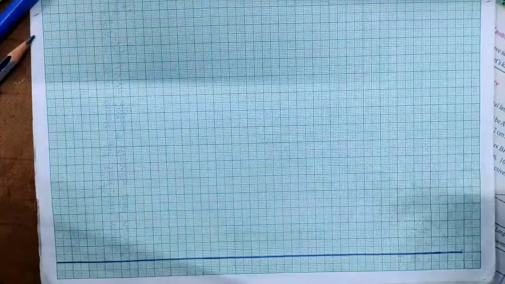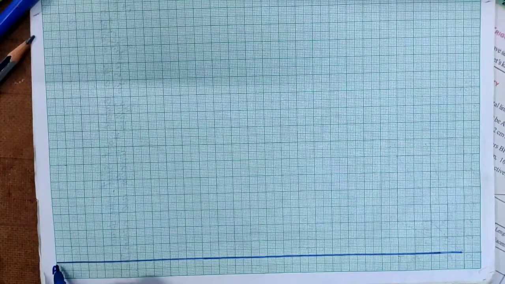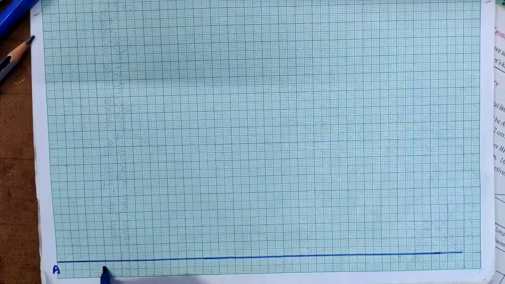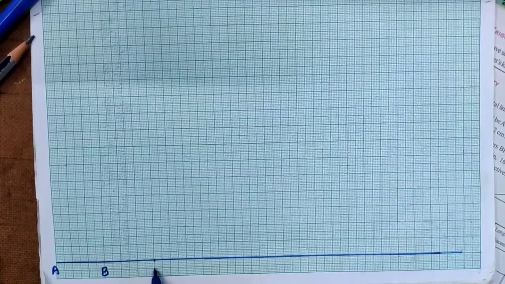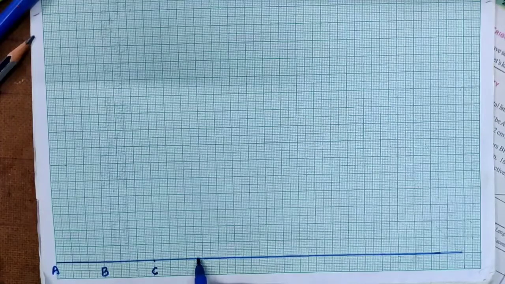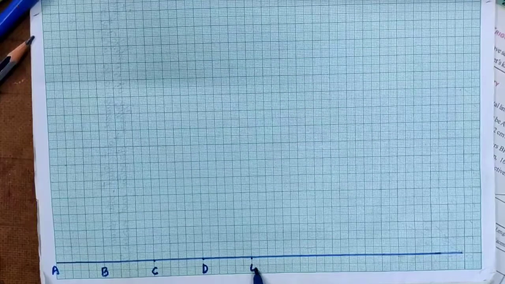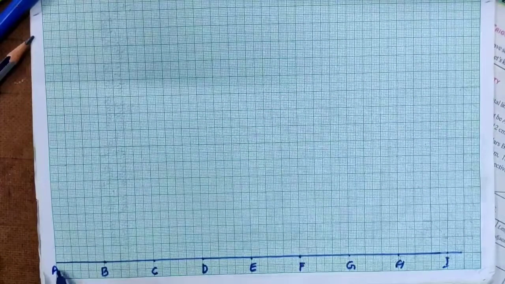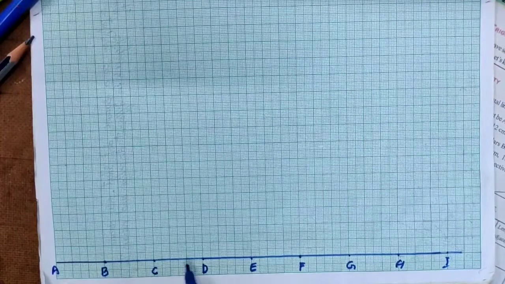Let this be A, and from this, 1 centimeter, 2 centimeters, 3 centimeters, so this is B. Again 1, 2, 3, this is C; 1, 2, 3, this is D; 1, 2, 3, this is E; 1, 2, 3, this is F. Therefore AB is 3 centimeters and AC is 6 centimeters, 3 plus 3 is 6.